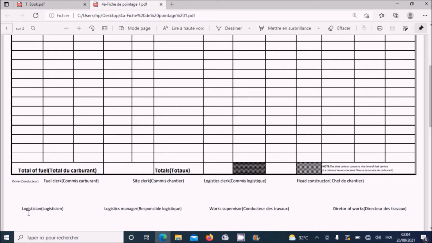We have the logistician, logistics manager, the work supervisor or works foreman, and here we have the director of works or works manager. Let us go to the practice.